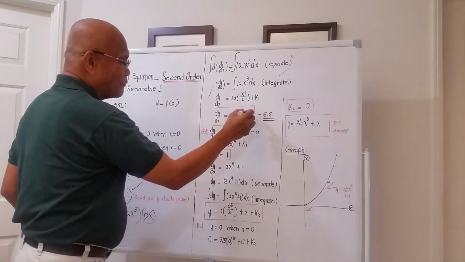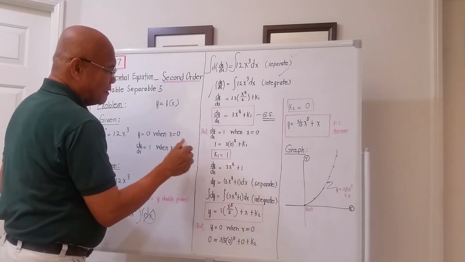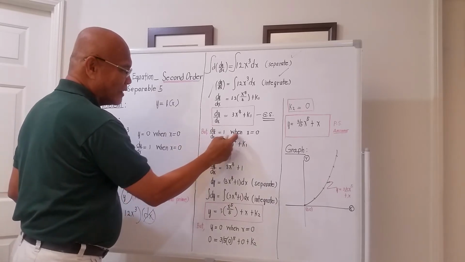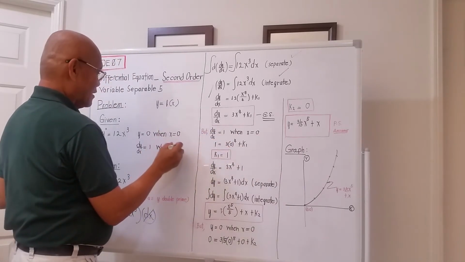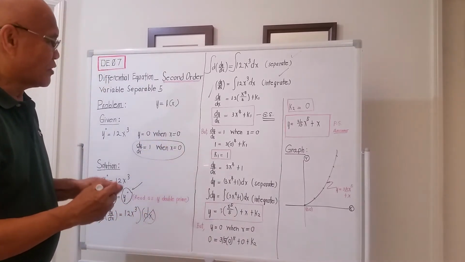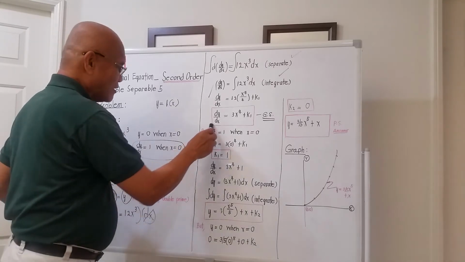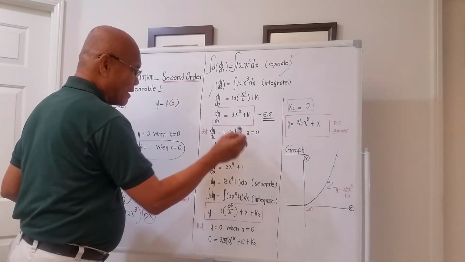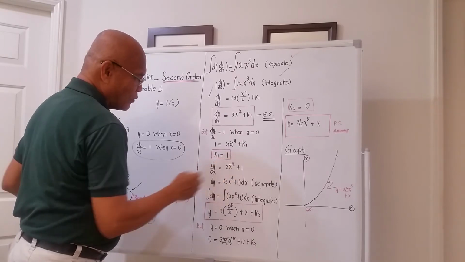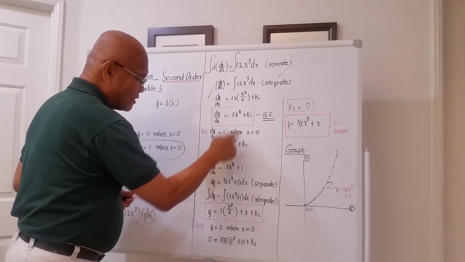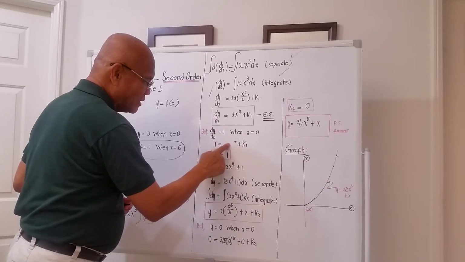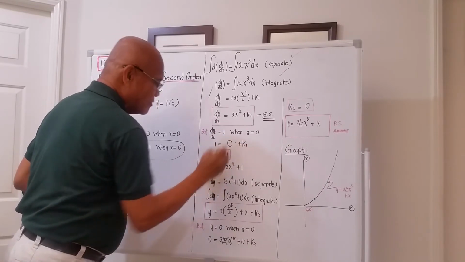Let's compute the value of k1 from the given initial condition, dy/dx equal to 1 when x is equal to 0. Substituting dy/dx equal to 1 and x equal to 0 back here, 1 will be equal to 3 times 0 to the 4 plus k1. 0 to the 4 is actually 0, and 3 times 0 will be 0.